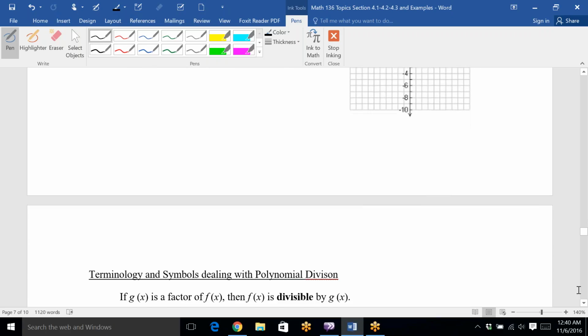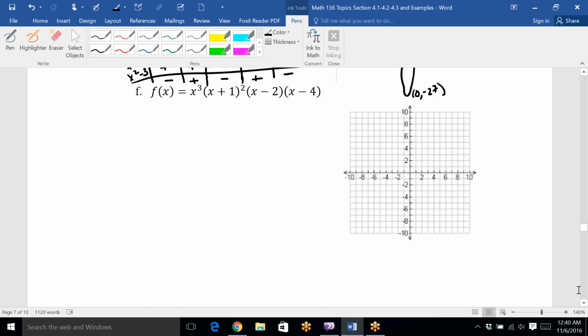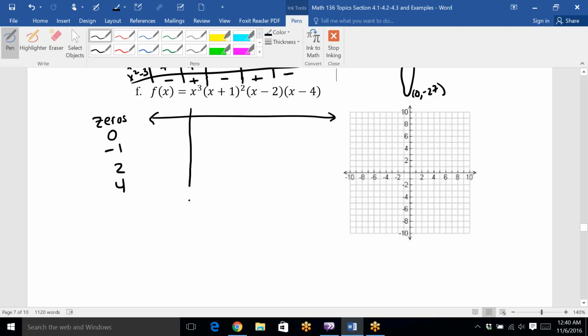Okay, f is the last of the polynomial functions that I'm going to graph for you guys. So this one is already factored. So our zeros are, anytime it's just an x out front, the 0 of 0 is actually there. Negative 1, 2, and 4. So we put those on our number line from least to greatest.